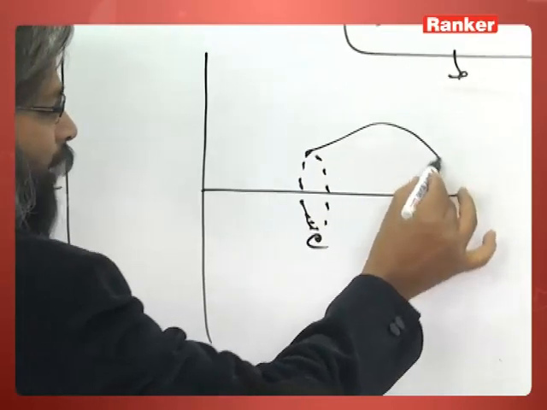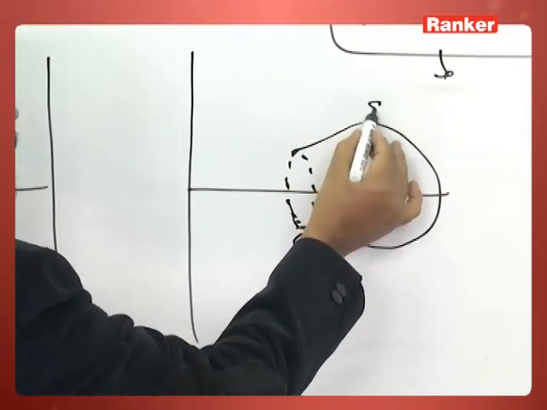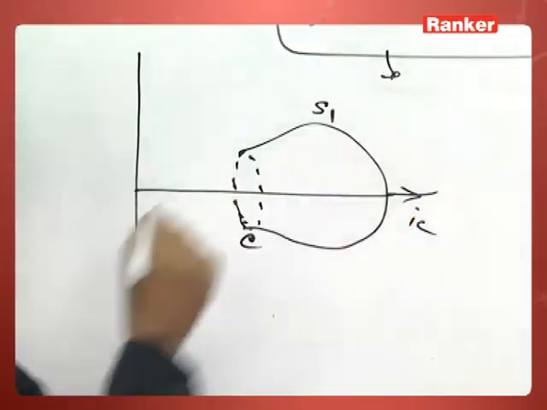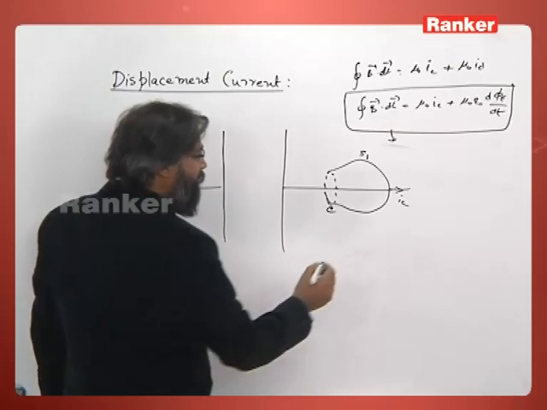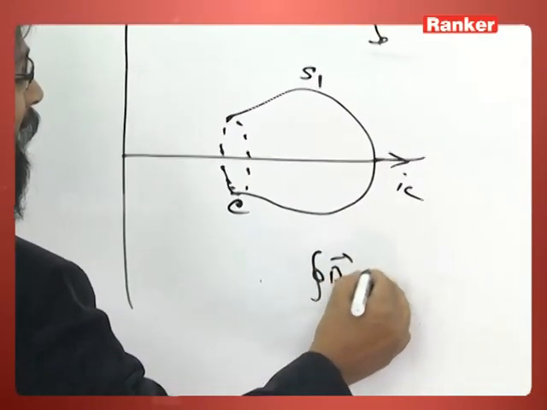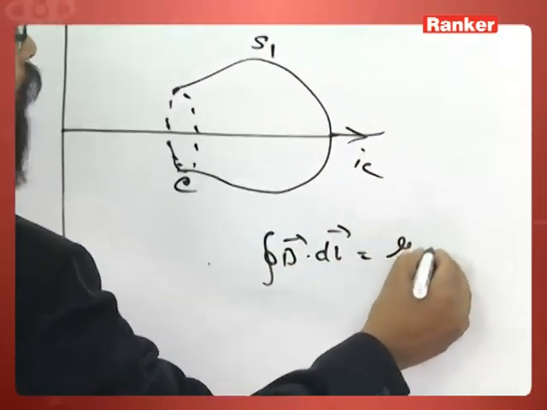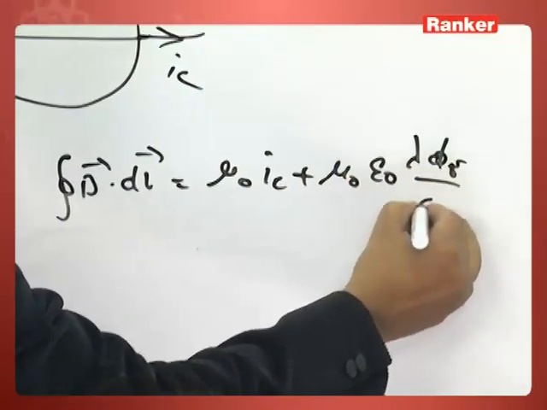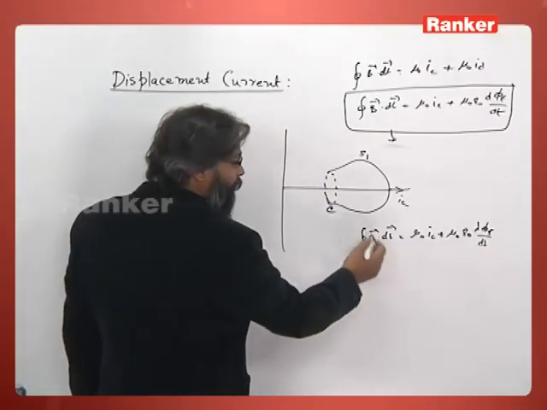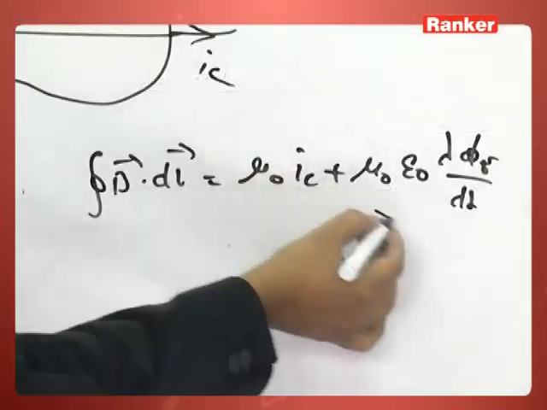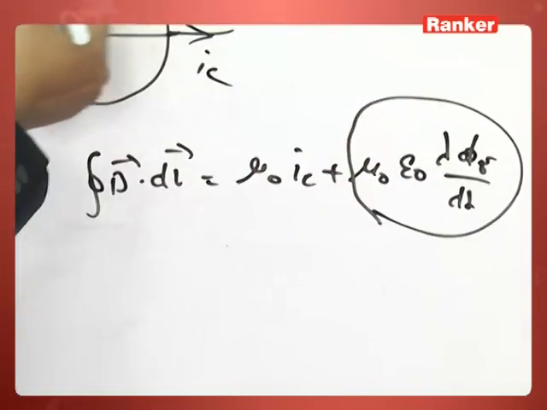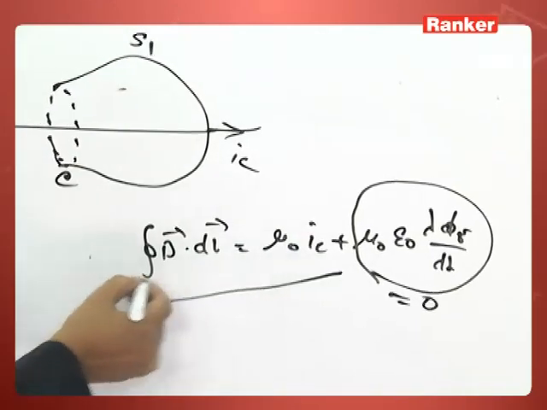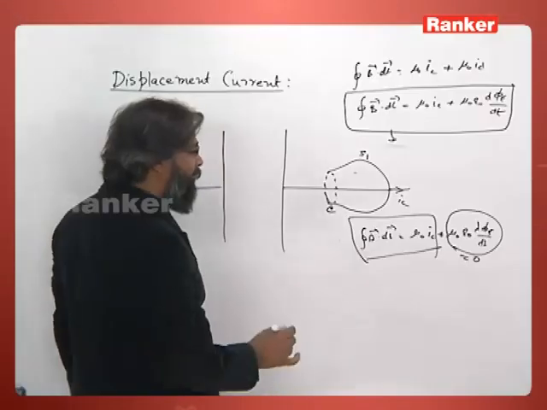If I select our surface S1 this way, then you see the current I_C crosses this surface, and we can apply directly B dot dl is equal to mu naught I_C plus mu naught epsilon naught d phi by dt. Now for this surface S1, there is no changing electric field within this region, so this quantity is 0. This term will be retained only for the other surface.